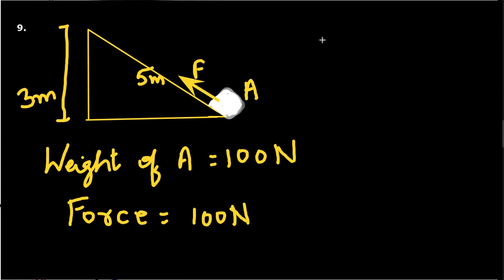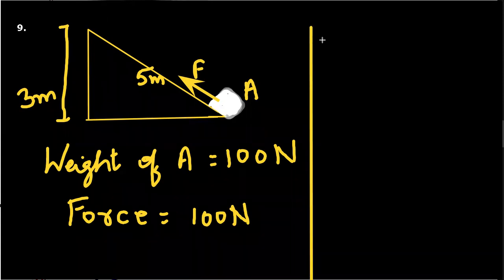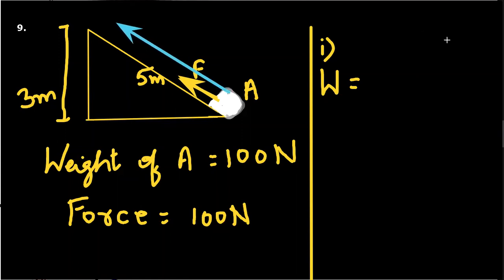So the first part of the question is, what is the work done by the force in moving the block upward? Work done. Just remember, we did in first exercise. Your force is upward, you are pulling it upward in this direction, and the displacement is also along this direction only.